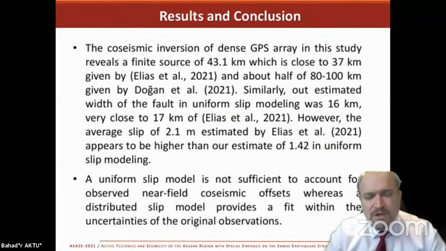The coseismic inversion of the dense GPS array in the study reveals a finite source of 43 kilometer length fault, which is close to the estimate of Ali et al. 2021 of 37 kilometers, but it's half of the 80 to 100 kilometers given by Doğan et al.